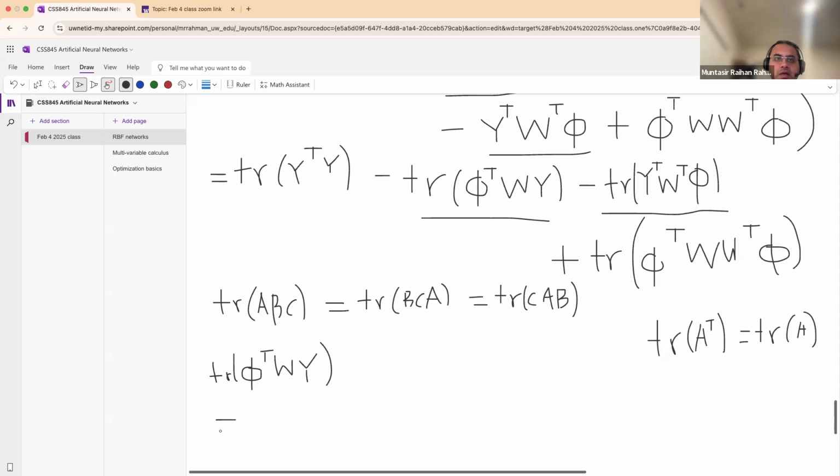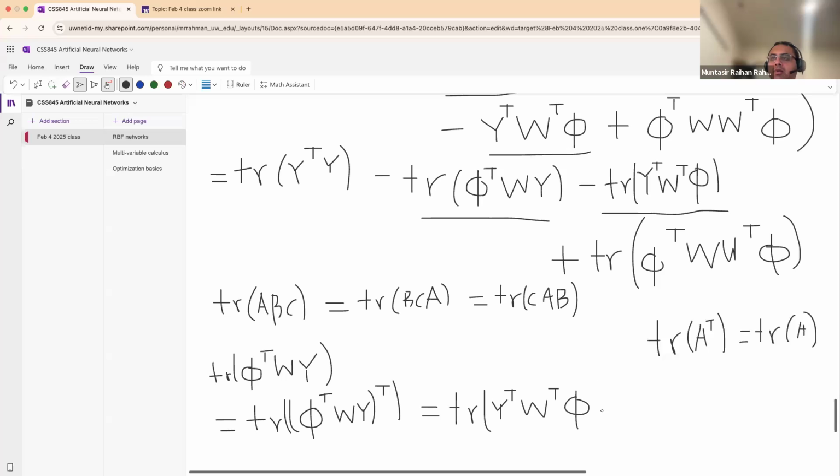So that means I can write this as the trace of (phi transpose W Y), this whole thing transposed. And then if I apply the transpose of the multiplication, I'm going to get Y transpose W transpose, and phi transpose transpose is basically phi.